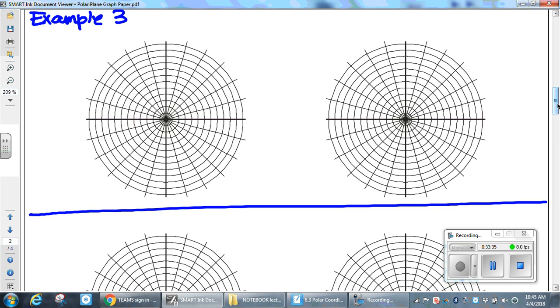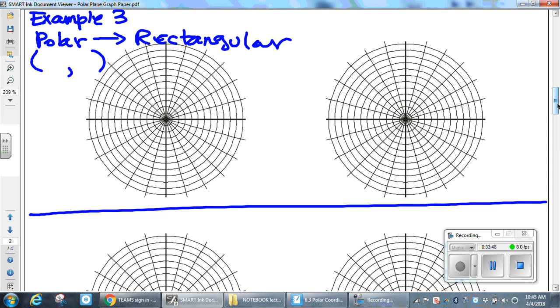And the point, we're going here from polar to rectangular, right? And so in polar, the point was, what was the radius? 2. So let's see if we can graph that in polar. So 3 pi over 2, so it is here, right?